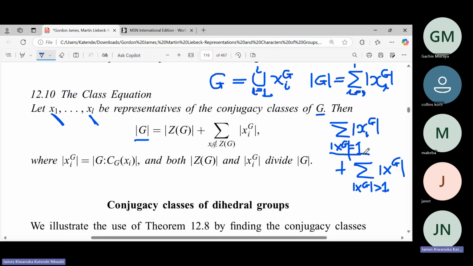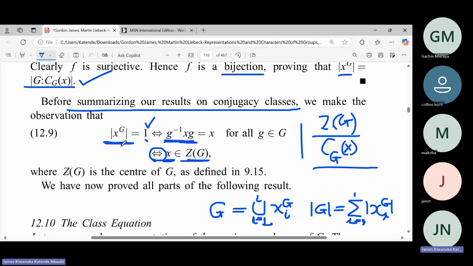Now we already established that the case where the conjugacy classes have exactly 1 element will be the same as the center of G, because that is proved in this part. If anything is in the center of G, its conjugacy class will have 1 element, and vice versa. If the conjugacy class of this element X has size 1, then it must be in the center. So they are the same set.